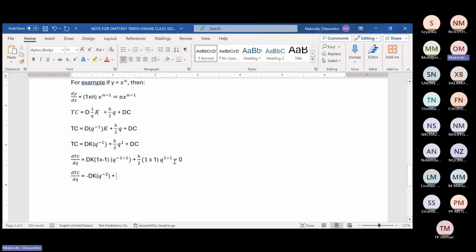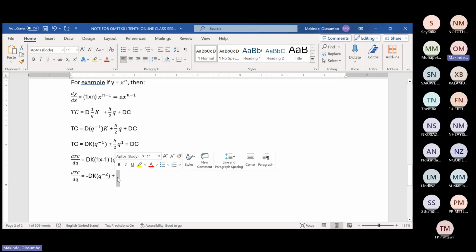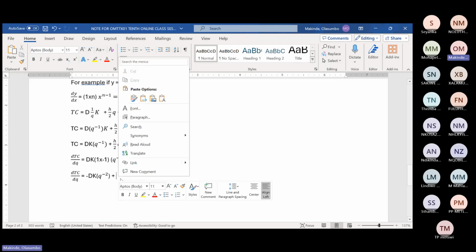Anything raised to power 0, according to the law of indices, is 1. So that will give you 1 times 1 times h over 2, so you are left with h over 2 here. Plus 0 is nothing. So the final expression for your dTC/dQ is this.